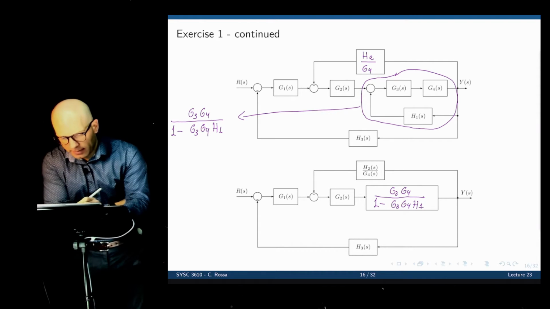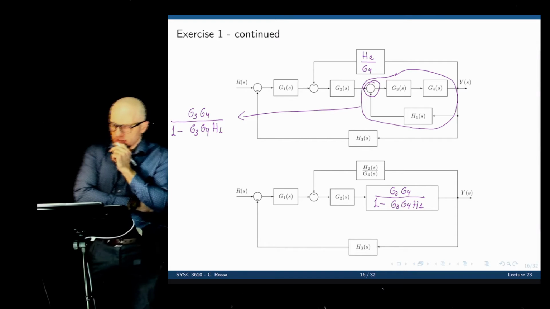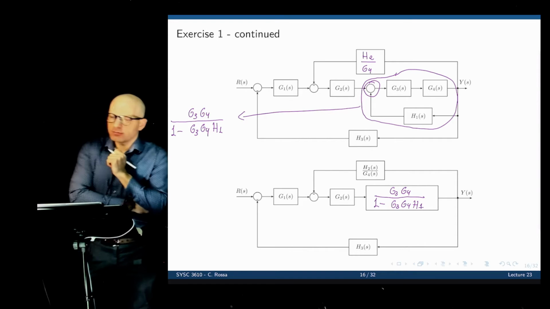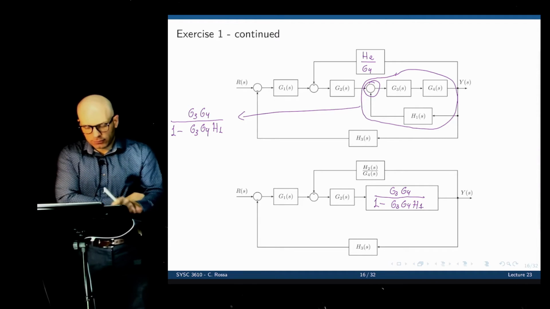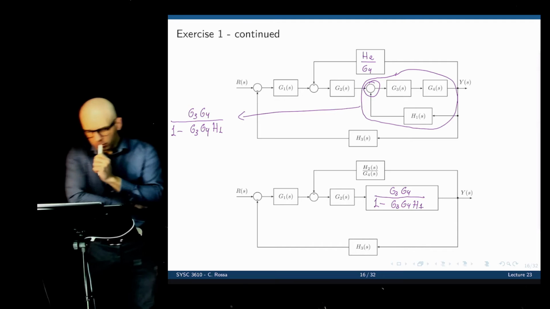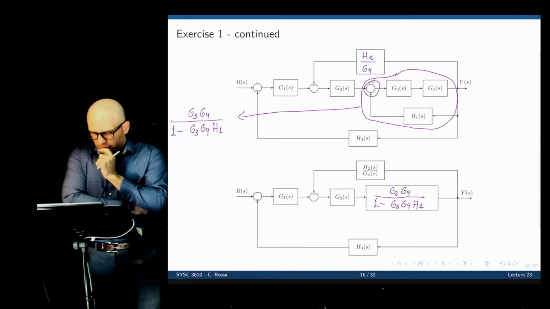Remember that in the absence of any sign here, we assume it to be a positive sign because it's a positive feedback loop. Now it's 1 minus line function times the feedback function. Very well. So we simplified that too.